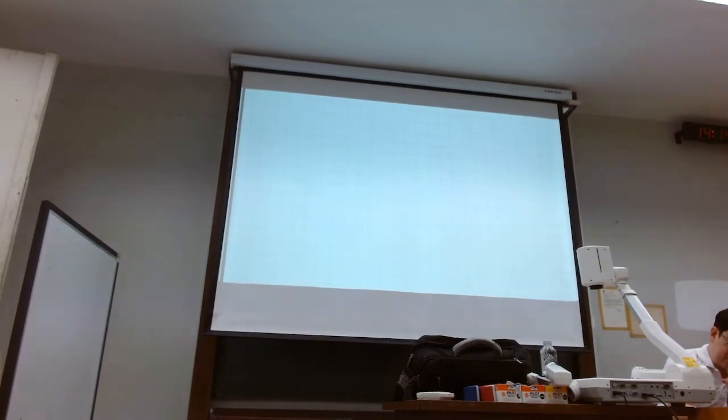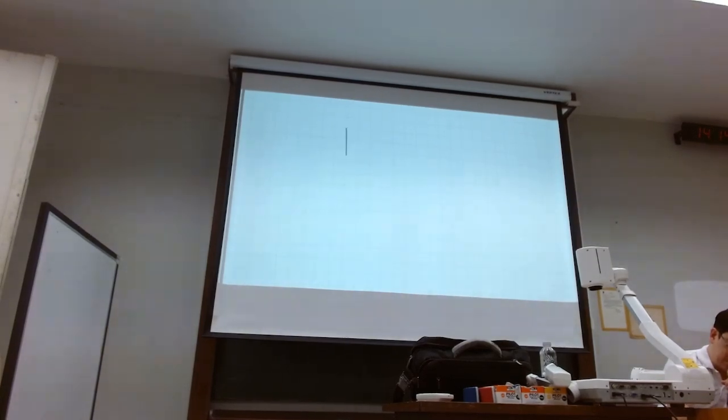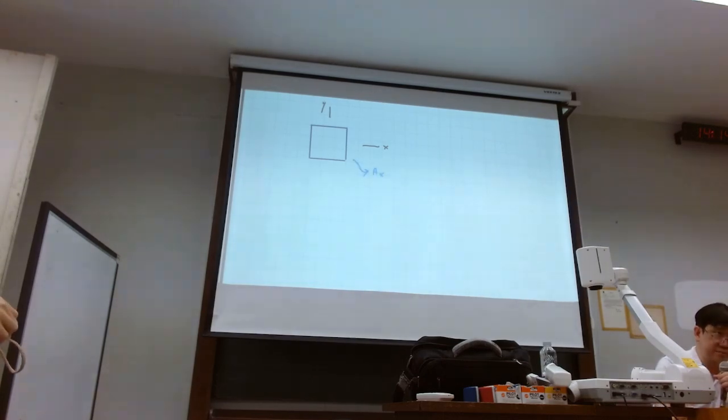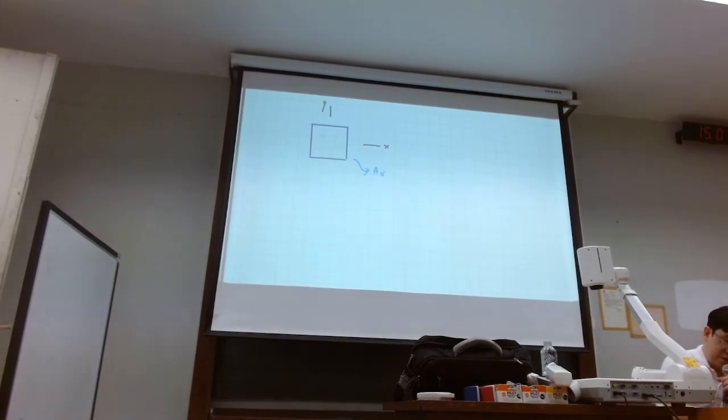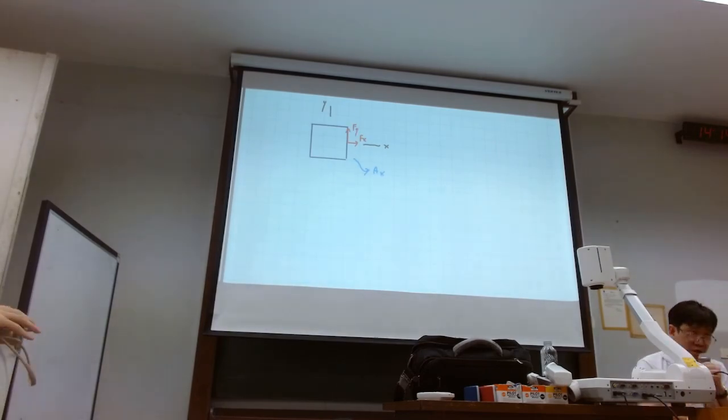Going back into two dimensions, if you have the surface, let's say for example, right here, the axes X and Y. On this X, right here, this is area X. If you have the force coming out, Fx, you will also have Fy.